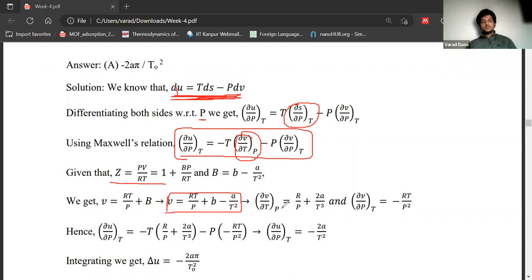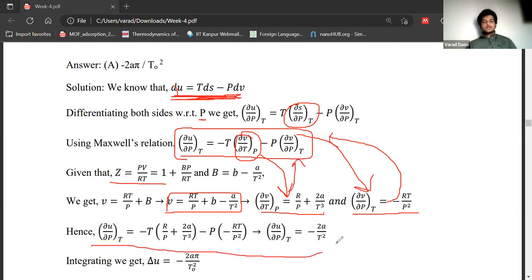Now we simply have to take the derivative of molar volume with respect to temperature at constant pressure. We calculate this also. This is just taking partial derivatives, and then we resubstitute it in this expression.